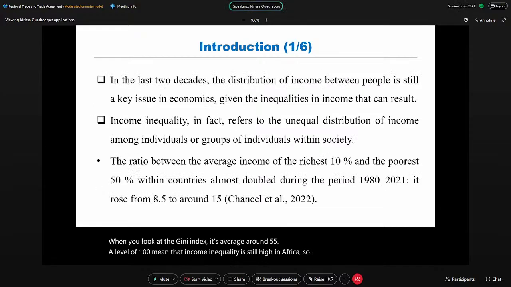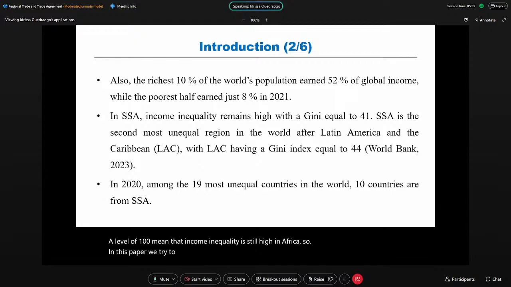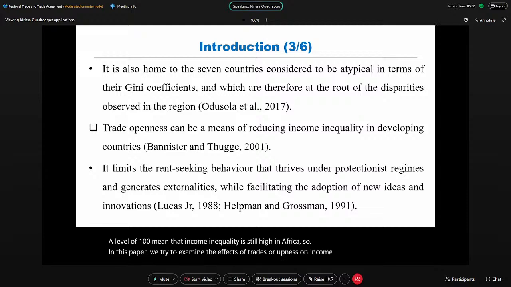In this paper, we try to examine the effects of trade openness on income inequality, because trade openness can be a means of reducing income inequality in developing countries.